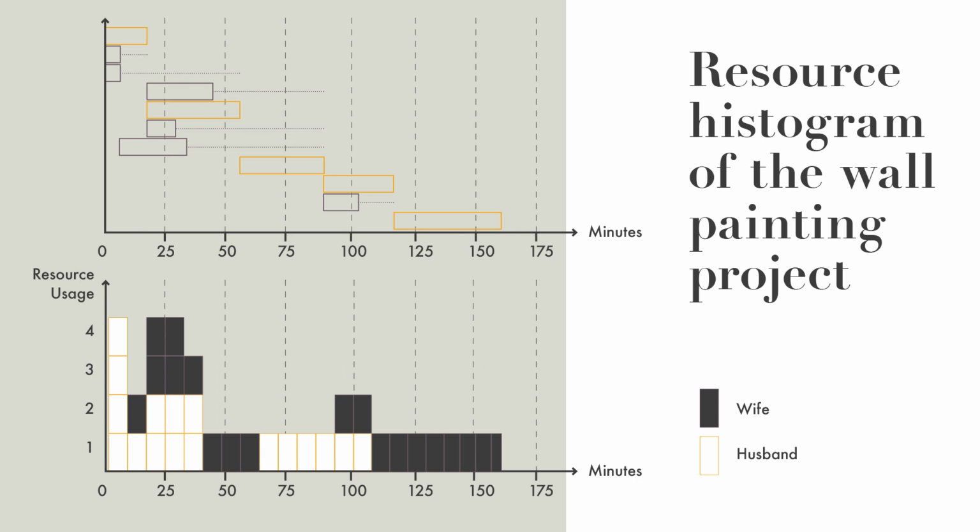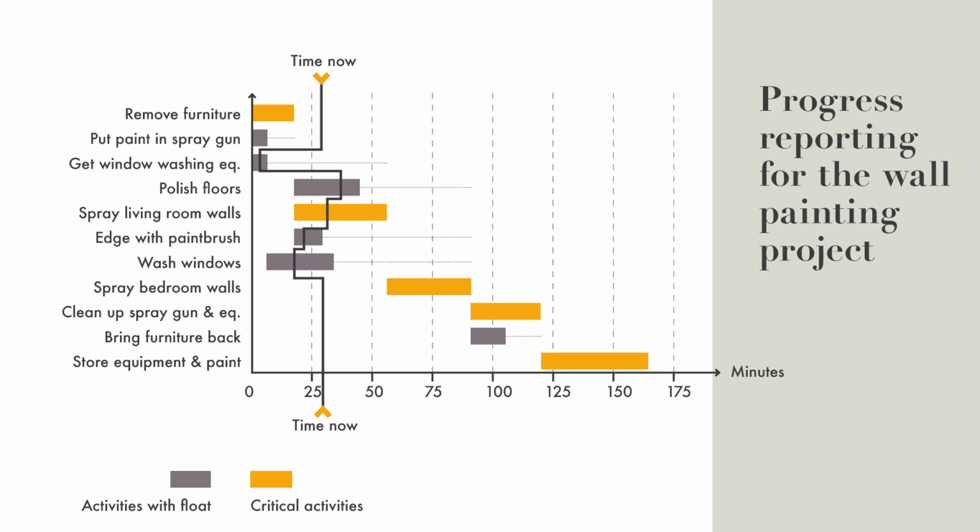As an additional thing, I want to show this picture, when we have now finalized the calculation of the networks to a kind of Gantt chart presentation. This Gantt chart is very useful also in following project progress by adding this kind of a broken line to the Gantt chart. Here we have the time now, which is 30 minutes.